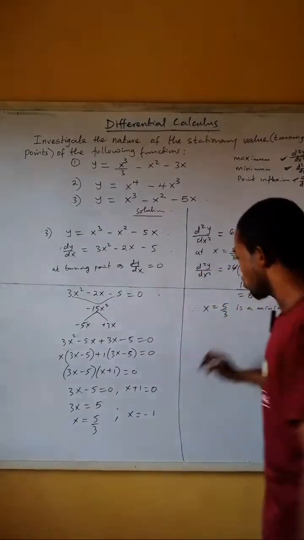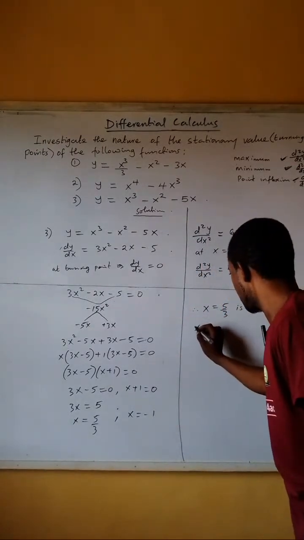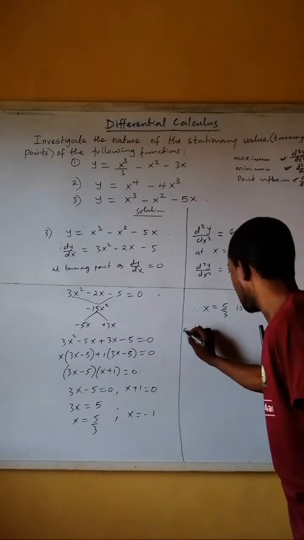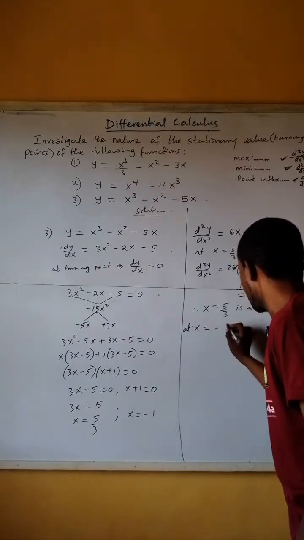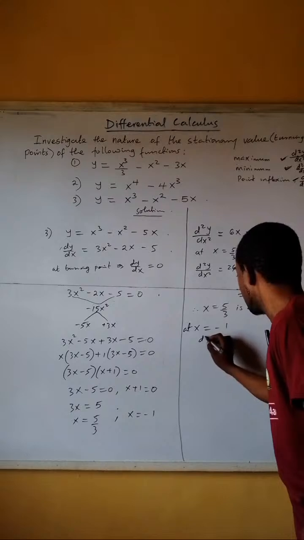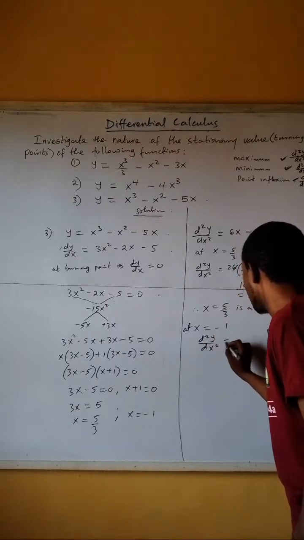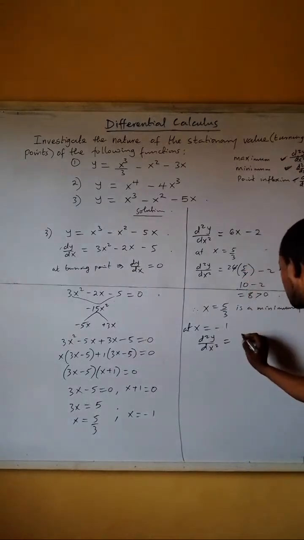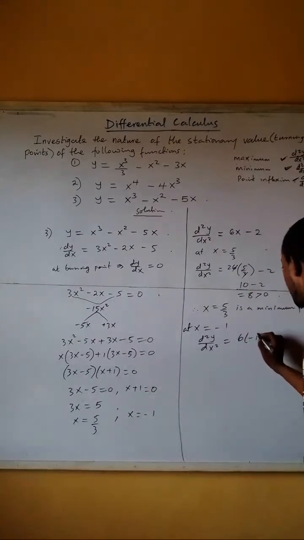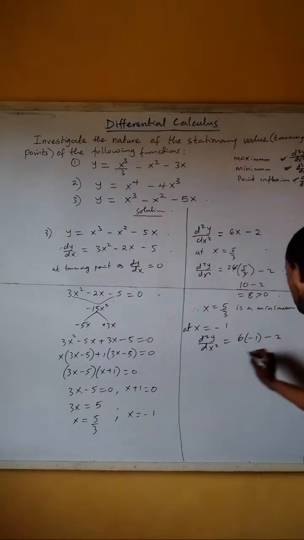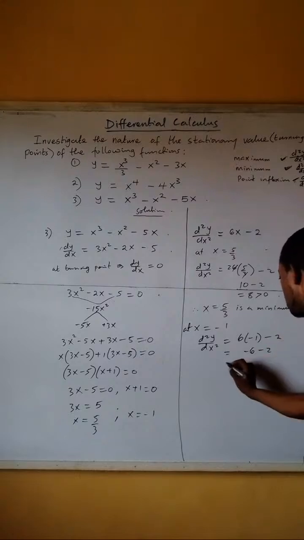Now, also the second point, at x equals minus 1, then we have d squared y by dx squared becomes 6 multiplied by minus 1, then minus 2. And 6 times minus 1, that's minus 6, minus 2, which implies we have minus 8.